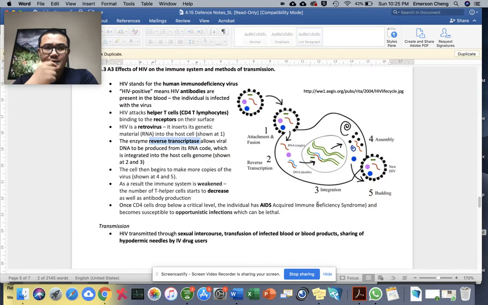One of the common ones, I remember my professor talked about it, was the Candida albicans yeast. Our body usually has a lot of these yeasts called Candida albicans.